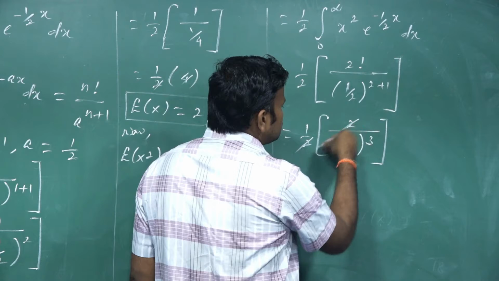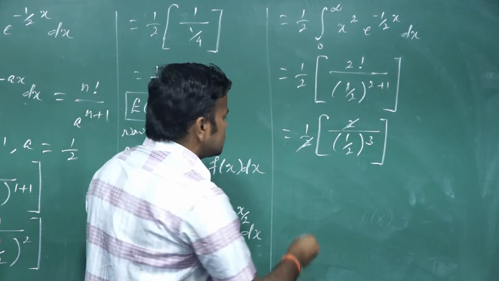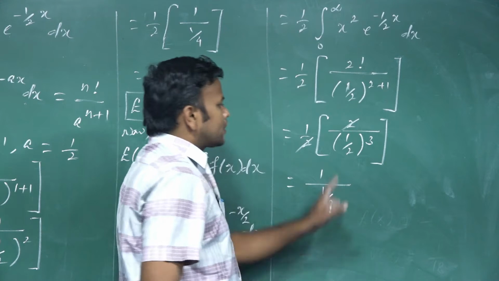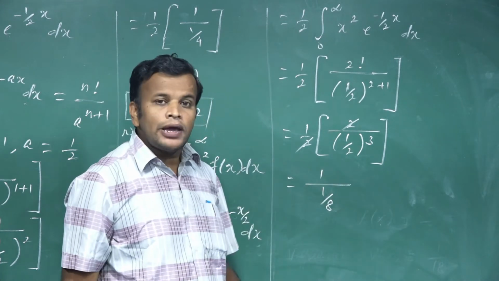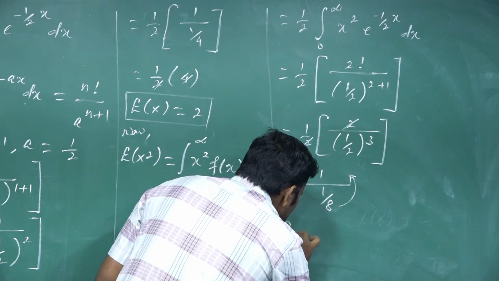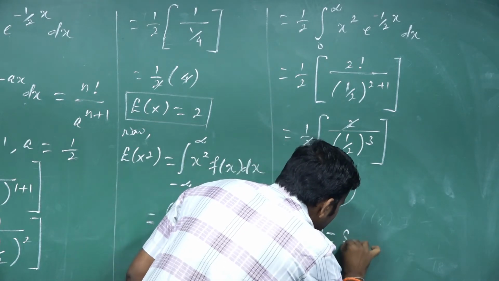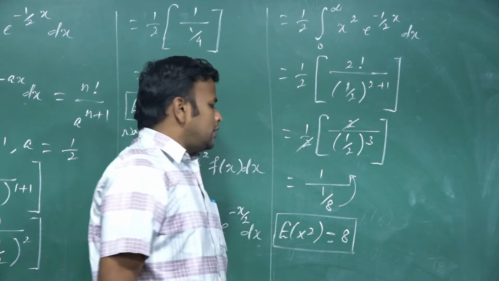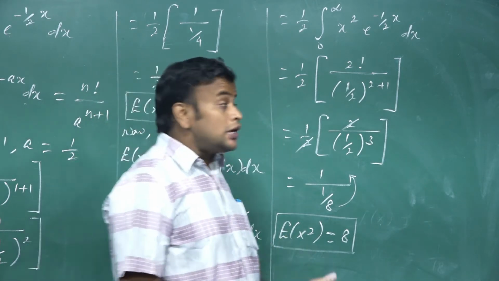Now I cancel this 2 first of all. So the numerator is 1, divided by 1 by 2 the whole cube, which is 1 by 8. So this 8 goes to the numerator. So E of x square value is just 8. So we found E of x square. Next we find the variance.